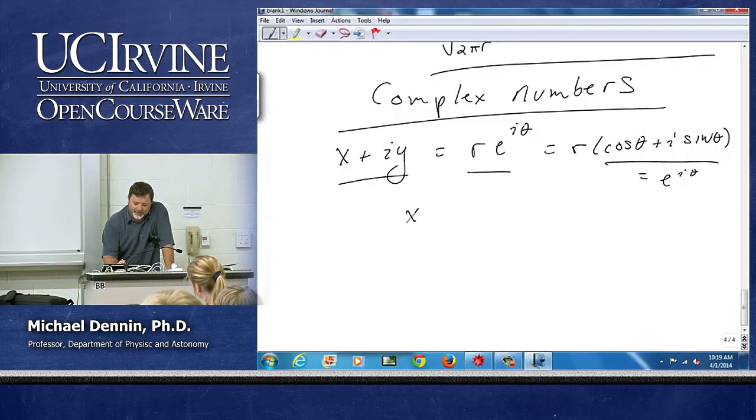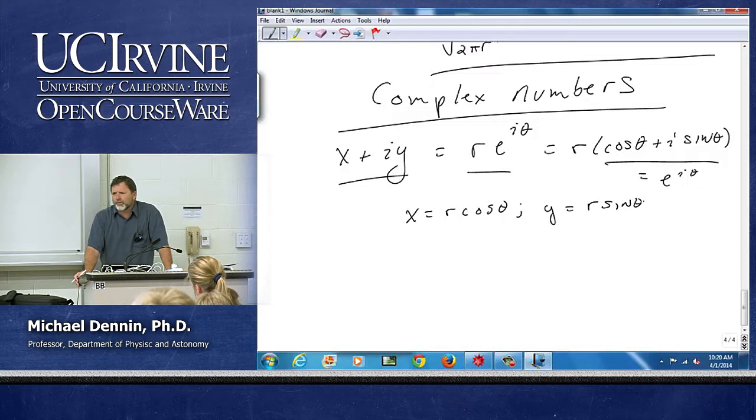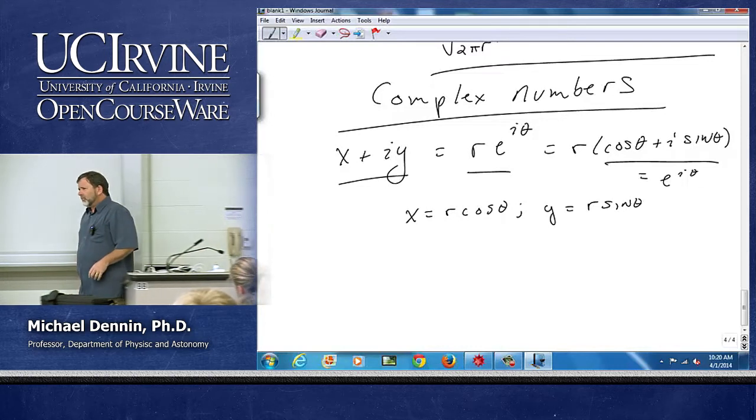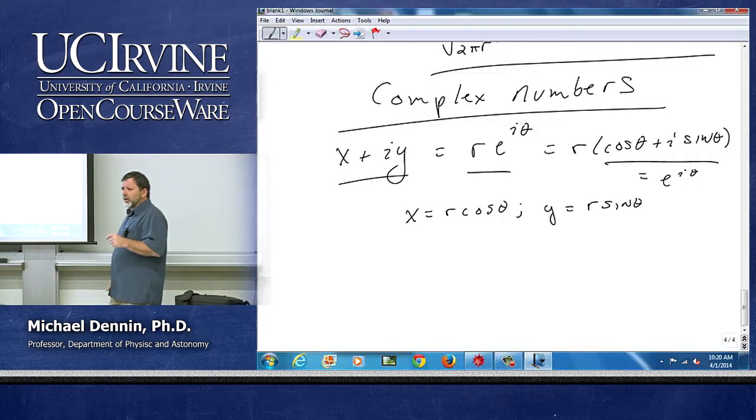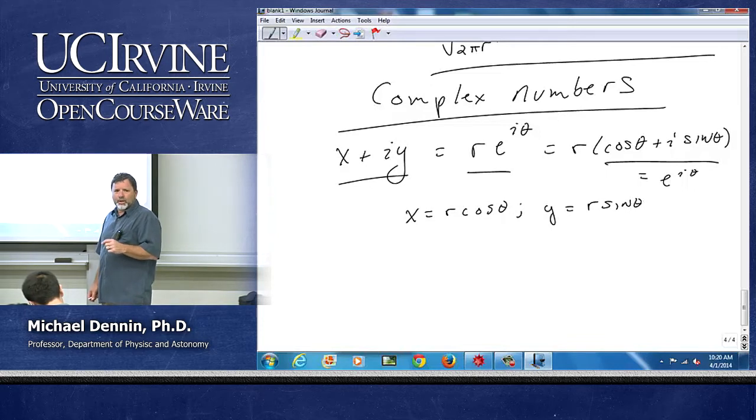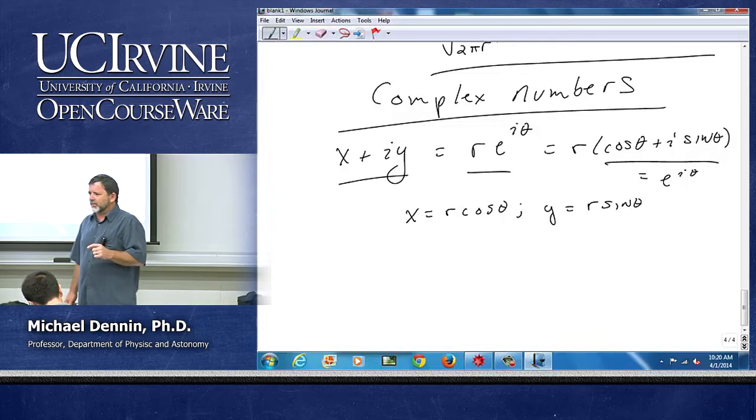And if I just match things up, then it becomes obvious x is r cosine theta and y is r sine theta. One of the reasons this is critical is this is the foundation of one of the most important experimental tools in physics. We don't tend to talk a lot about how you do experiments in physics in our classes, but it's key.